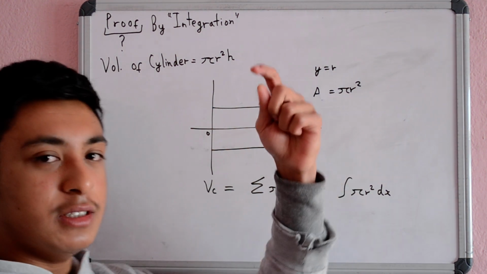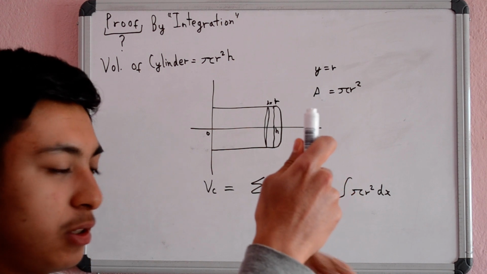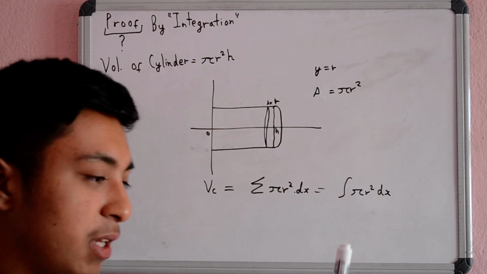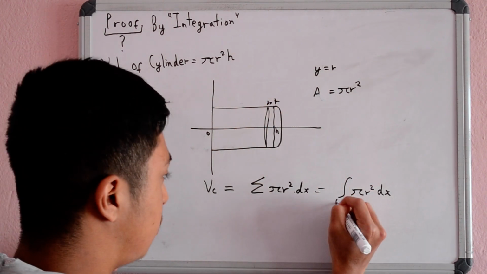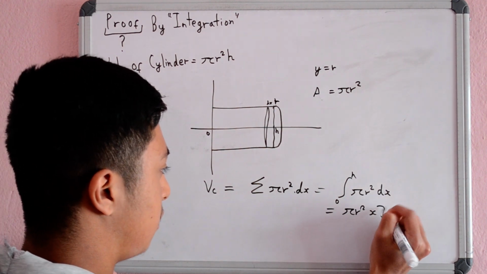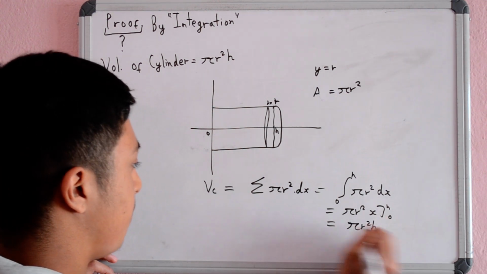Now these circles go from the very top of the cylinder to the bottom. So let's start from the bottom where the height is basically 0, all the way to the top, which is height, let's say h. So 0 to h. Overall we get pi r square times x from 0 to h. The lower part is 0, so we get pi r square h.